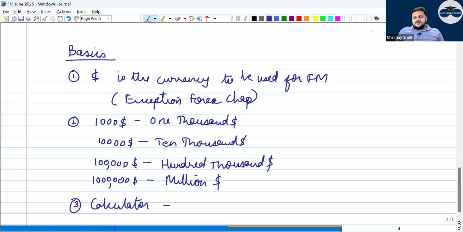If you ask me which scientific calculator you have to use, whatever you want you can use, but ACCA has given certain guidelines. ACCA is very clear: you cannot use calculators which have a printing feature. Also there is something called a financial calculator, which is also not allowed.